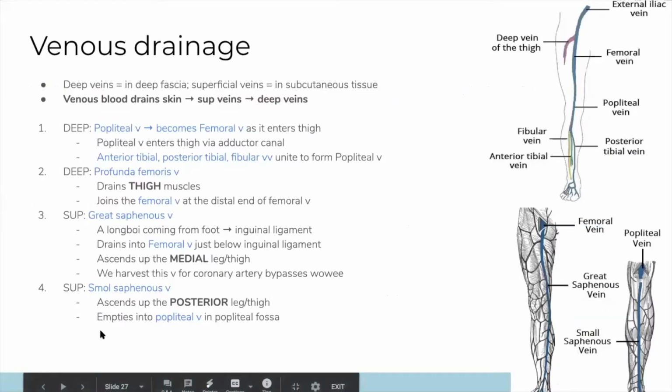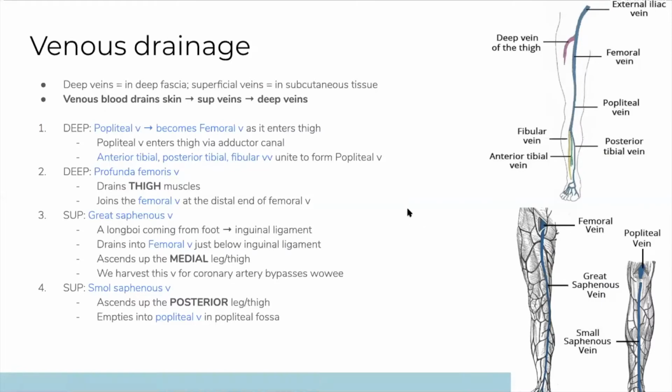Okay, and now venous drainage. We haven't touched on venous drainage too much because it's basically the same thing as arterial supply. So basically in your lower limb, we have deep veins and we have superficial veins.